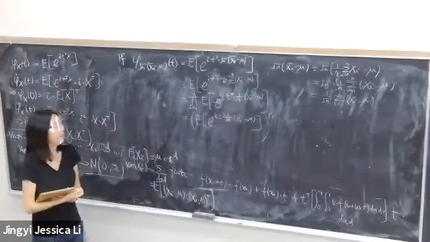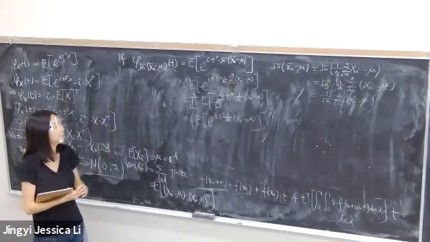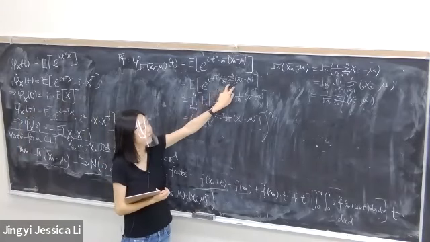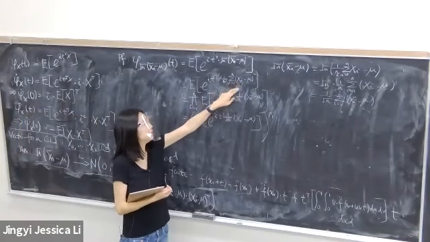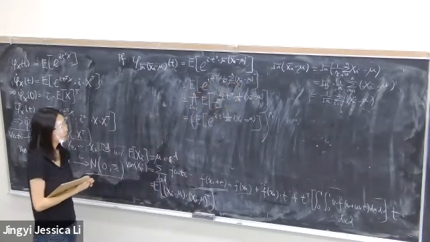Also, a clarification: we have two i's, one for the index of the sample data points, one for the imaginary unit. Just be careful that they're different.